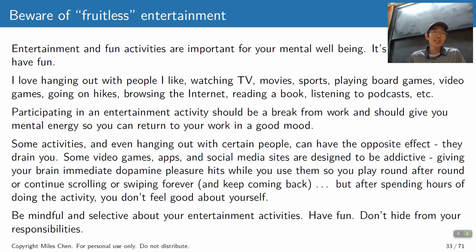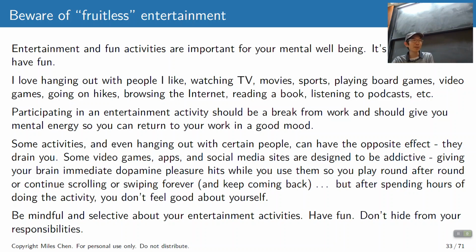Things like hanging out with friends, watching TV, watching a movie, playing sports, playing video games, going on a hike, reading a book, those are good things. When you do an entertainment activity, it should be a break from work and you should come back feeling better, in a good mood.